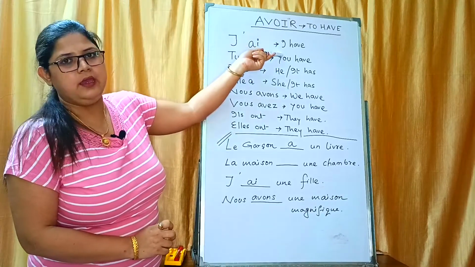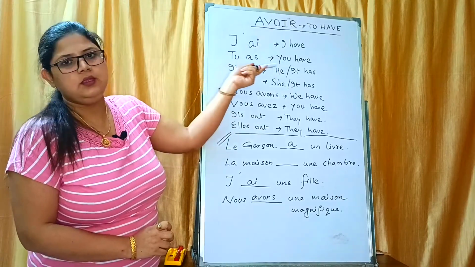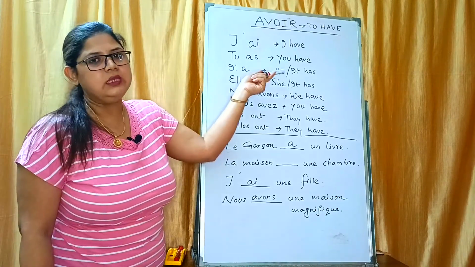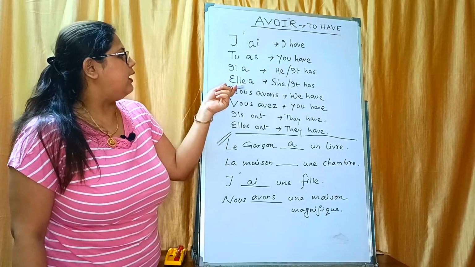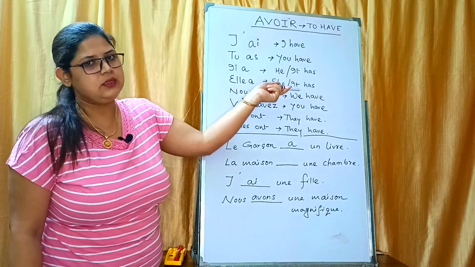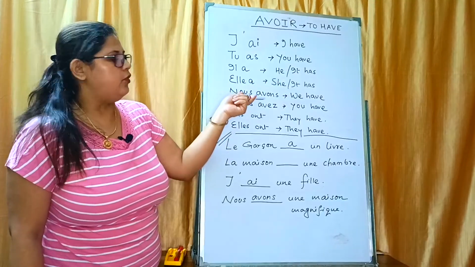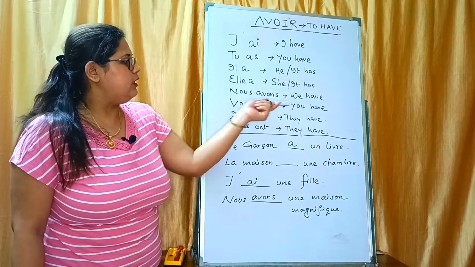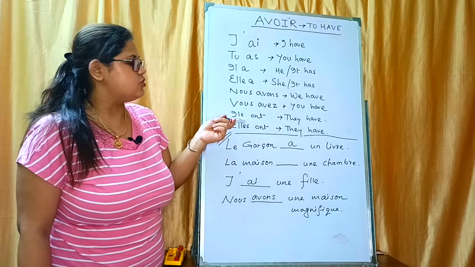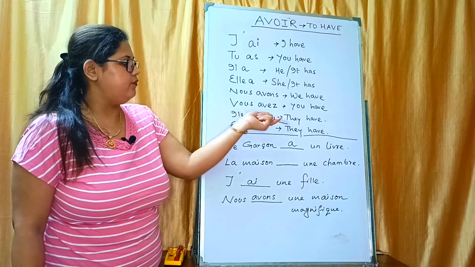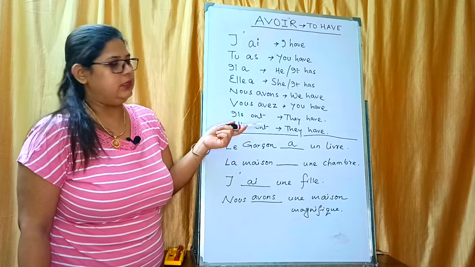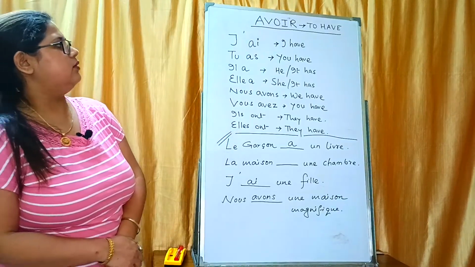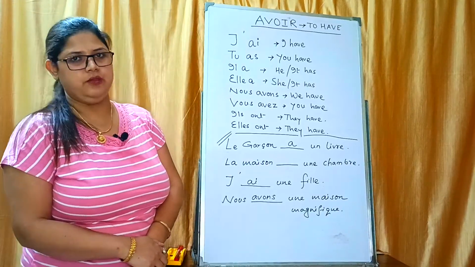J'ai means I have, tu, you have, il a, he or it has, elle a, she or it has, nous avons, we have, vous avez, you have, ils ont, they have, elles ont, they have. So that's how we conjugate the verb avoir, to have.